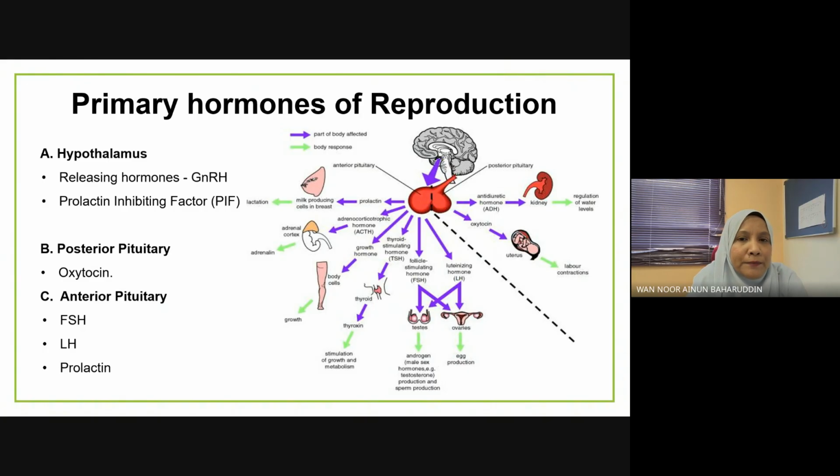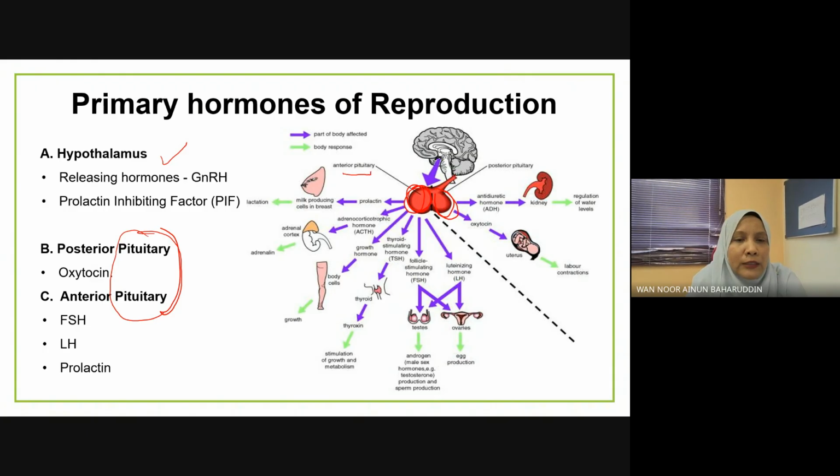For the second part, after the hypothalamus, the crucial part of the brain is what we call the pituitary. The pituitary has two parts, anterior at the front and posterior at the back.